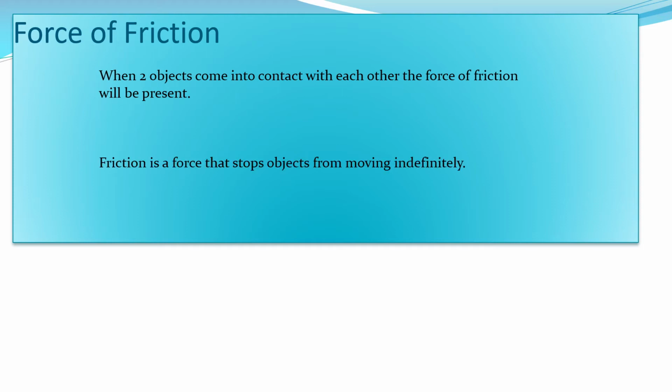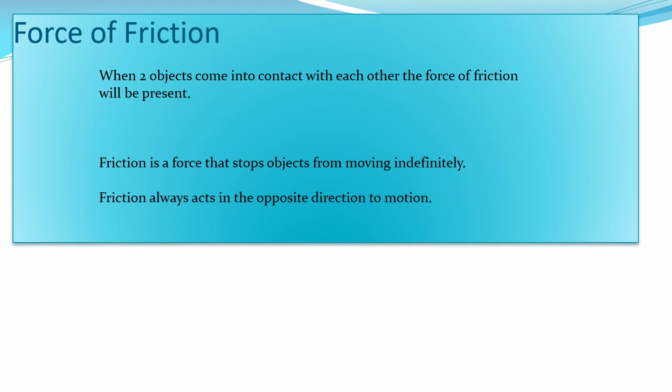So, friction is a force that stops objects from moving indefinitely. Friction is the reason why if you roll a ball, eventually it will stop. If you throw something in the air, it will slow down and fall to the ground, as well as weight being a thing there. And it always acts in the opposite direction to motion. So if you're driving forwards, friction is acting directly backwards in opposition to where you're going.